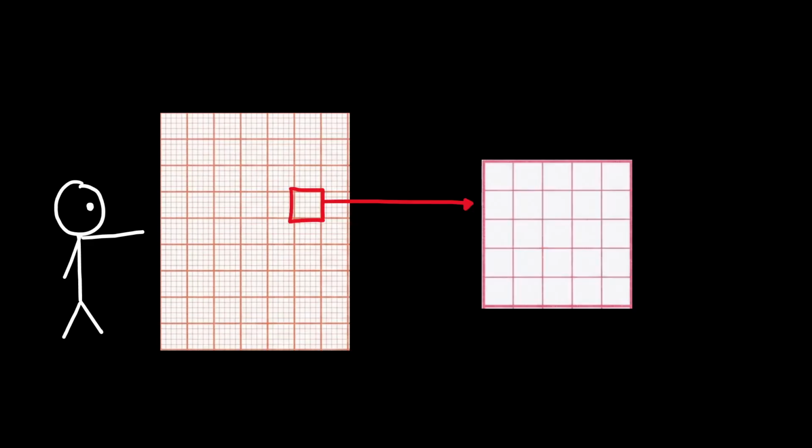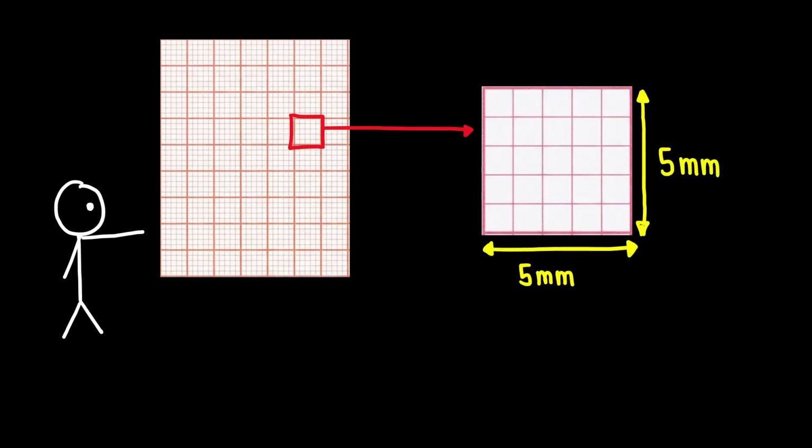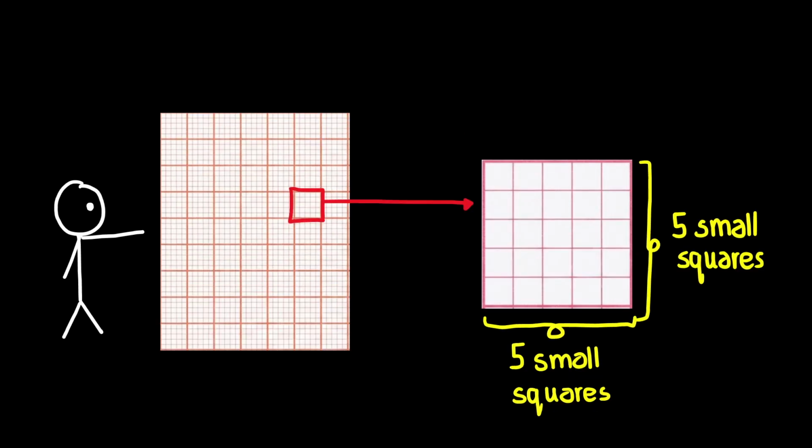Large squares, which are 5 millimeters on each side, and small squares, which are 1 millimeter on each side. Each large square is made up of 5 small squares in each direction. Every square on that grid means something, and what it means depends on which direction you are reading.